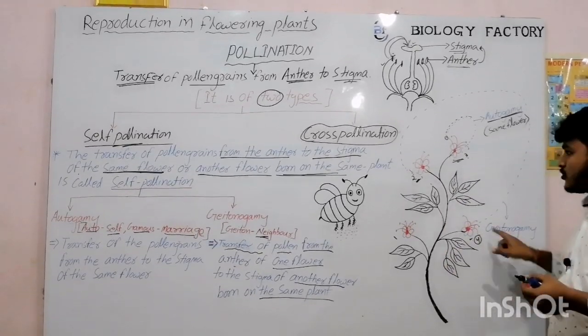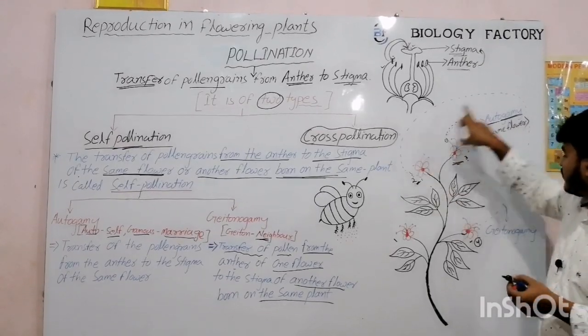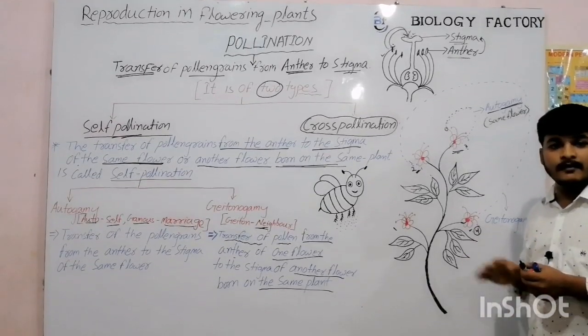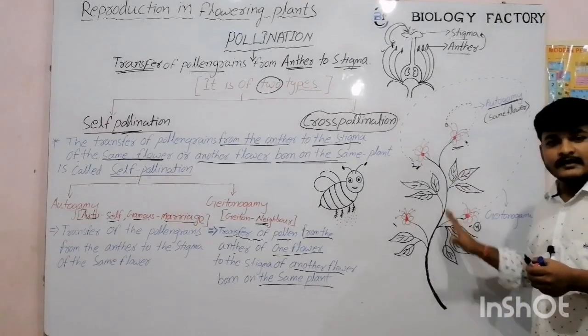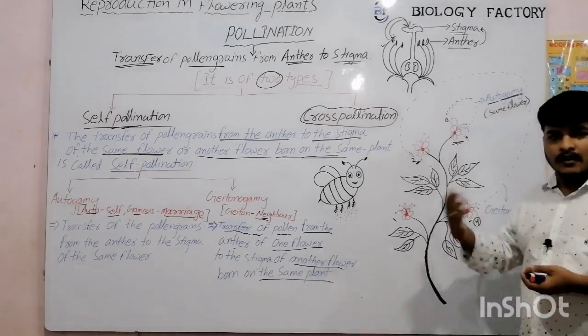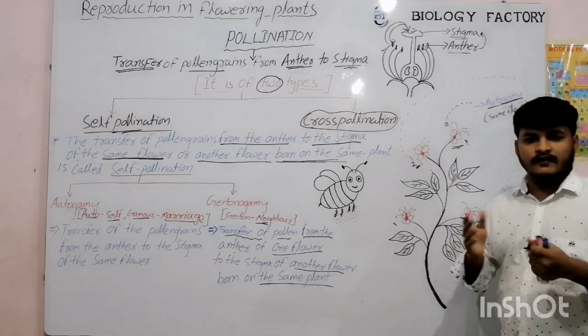Geitono means neighbor. So when the pollination takes place from the anther of one flower to the stigma of another flower on the same plant, it is known as geitonogamy, but if it takes place in the same flower, then it is known as autogamy.